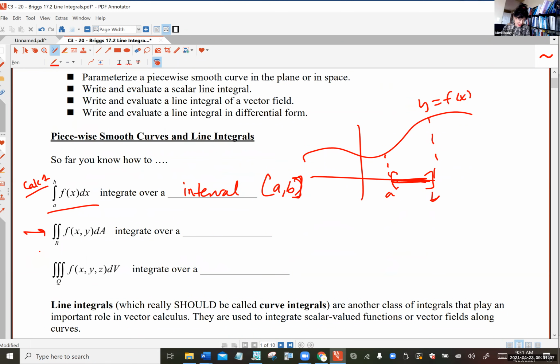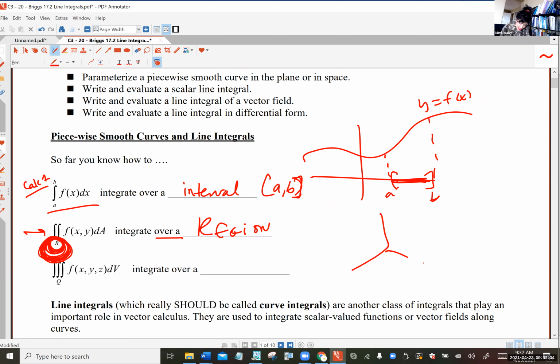Oh yeah, you're going to take an exam on Monday for me with double integrals. What do you integrate over when you're integrating a double integral? I'll give you a hint. It's not an interval. What is it? An area? Close. It starts with an R. Region? Region. A region with an area. Yes.